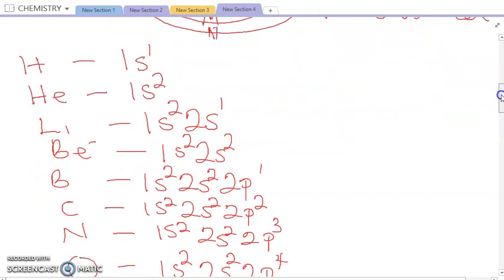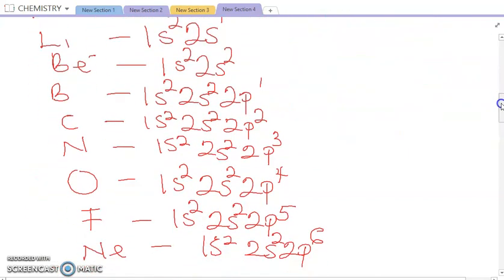Meaning, when we fill the sixth electron in p, we have filled shell 2, a total of 8. Meaning the 11th electron will be going into the third shell. And when you move into the third shell, the first orbital you will meet is the s orbital.